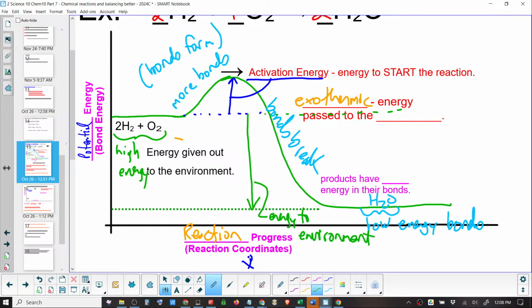High and low energy bonds, are those synonymous with stable and not stable bonds? Yes. A low energy bond is more stable. So a high energy bond can be really reactive, and if they're very reactive, they might spontaneously just break.